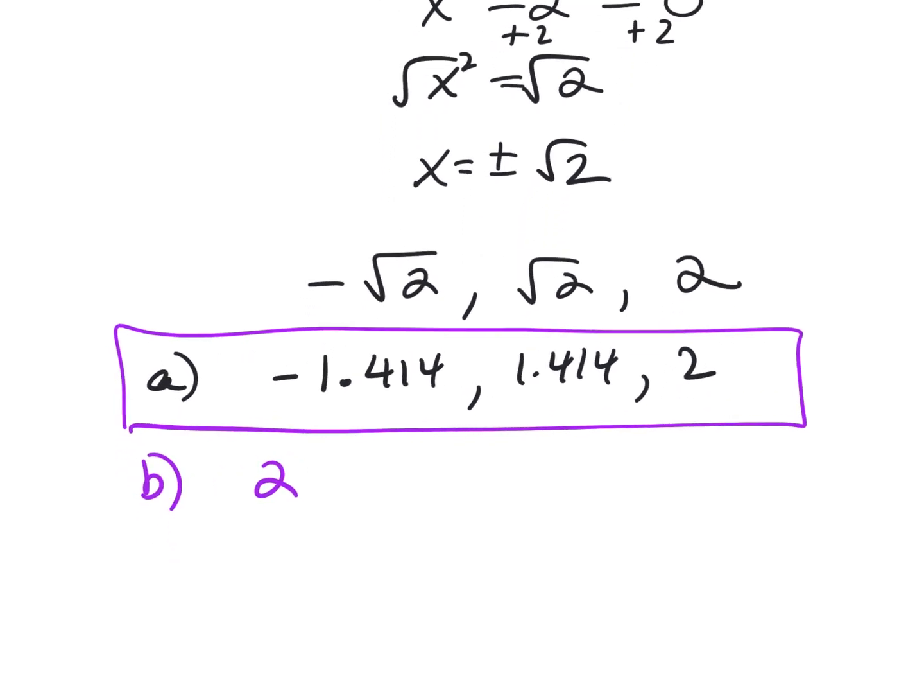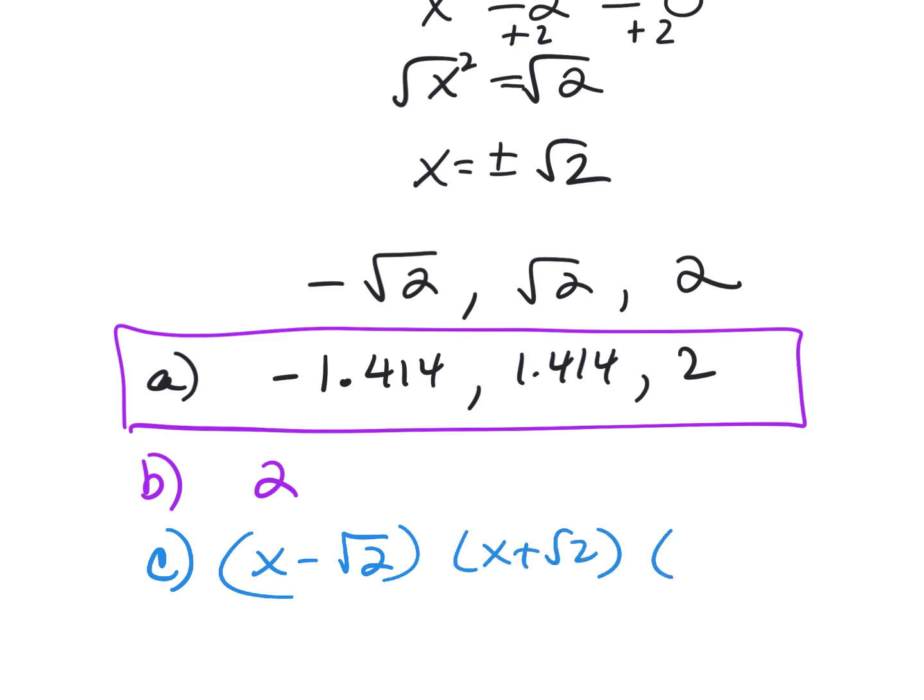And then for the factor portion, part C, you're going to key this in as x minus square root 2, x plus square root 2, and then x minus 2. So basically flip all the signs to opposite, and let me put it this way so it corresponds with the above roots. So this one is this one in factored form, this one, and then this one.